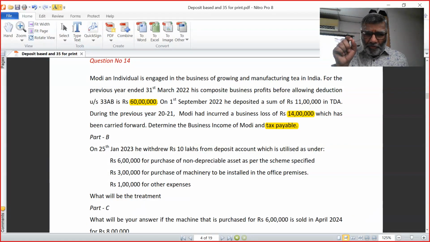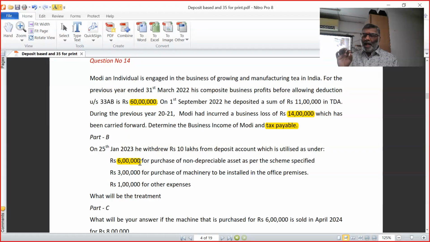On 25th Jan 2023, so financial year 22-23, he withdraws 10 lakhs from the deposit account. 6 lakhs for purchase of non-depreciable assets as per the scheme. Fine, you can still enjoy the benefit. 3 lakhs for purchase of machinery at office, not allowed.